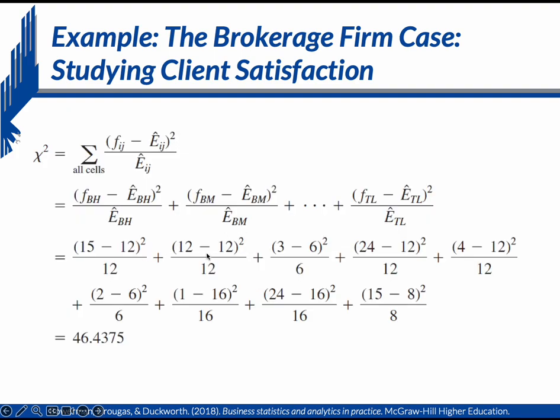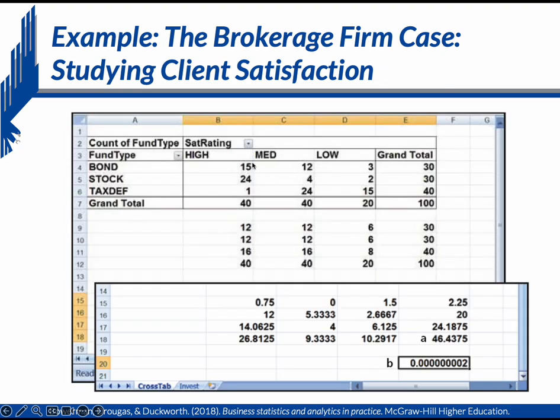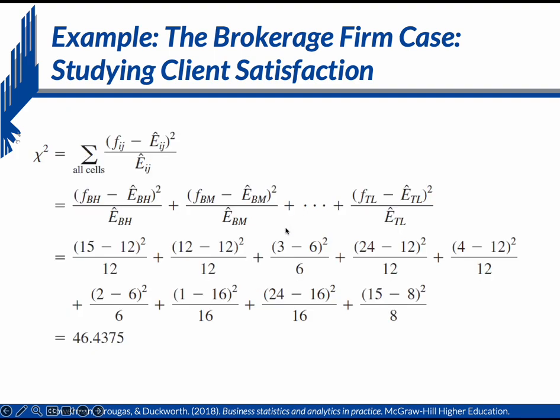Then for the second intersection, bond and medium, that's 12 minus 12, quantity squared, over 12. Again, we do that for all 9 intersections and get the sum, and you will get a test statistic of 46.4375.